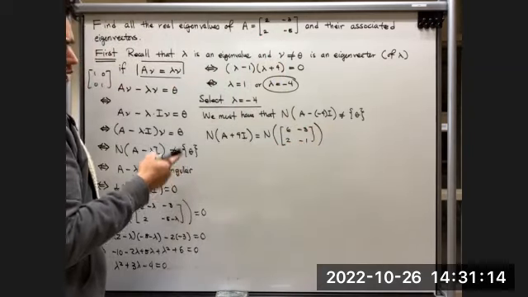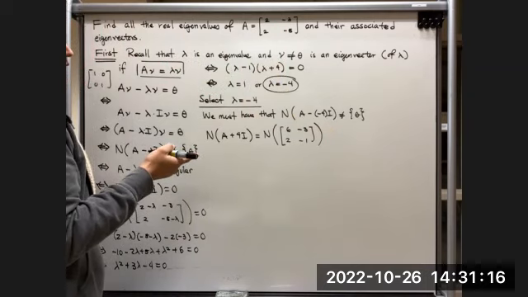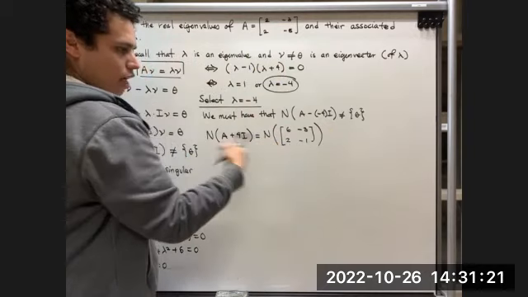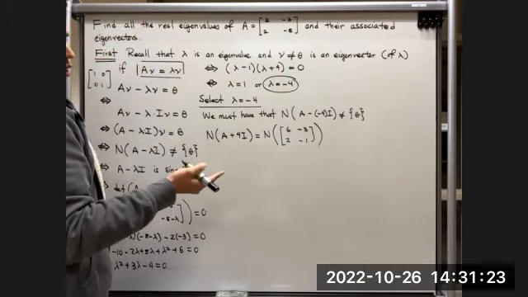But then, what does this mean? Well, let's see. For any particular vector to be here, it has to satisfy a certain condition. And what is that condition?